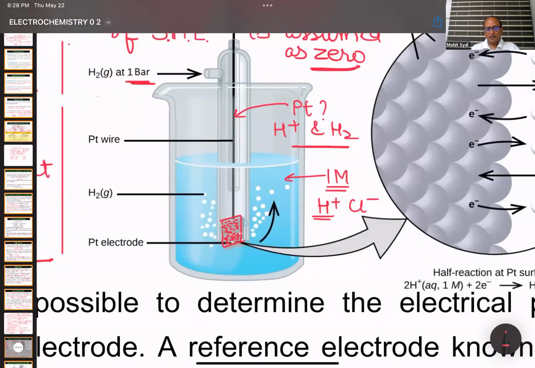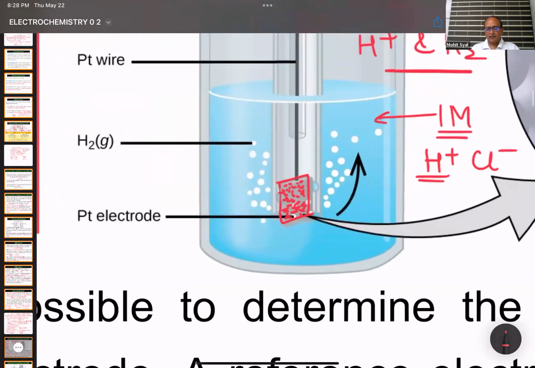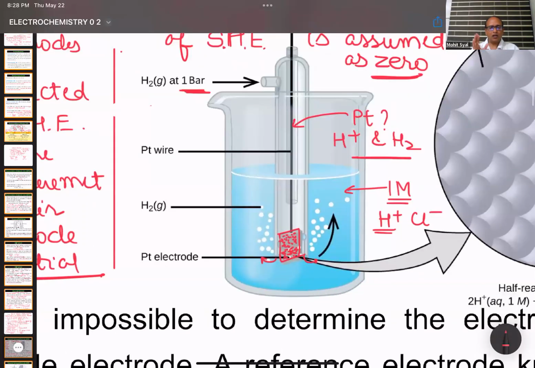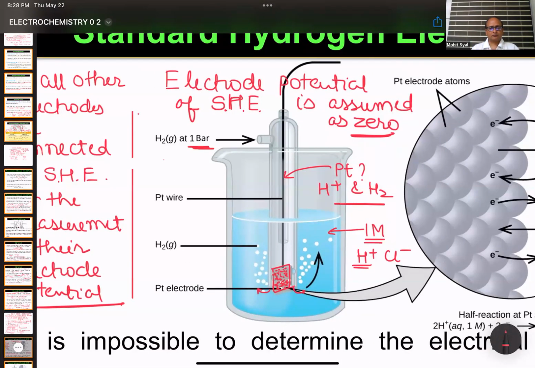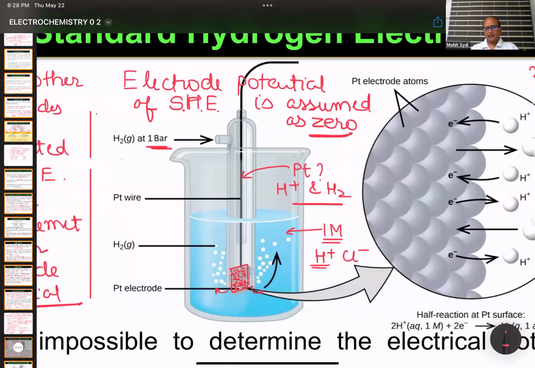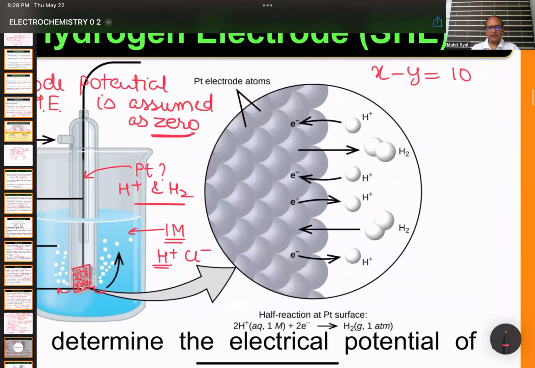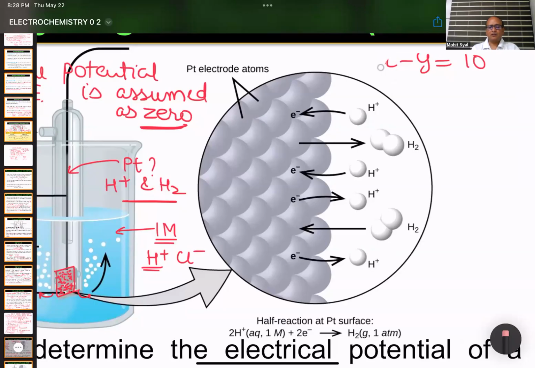You can see the hydrogen gas is being bubbled through this HCl solution at 1 bar. And this is the enlarged view of the platinum wire. So what can happen? The hydrogen gas can come into the solution and it can lose its electrons.